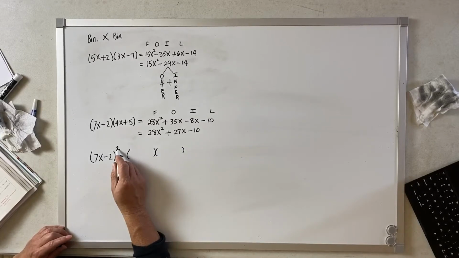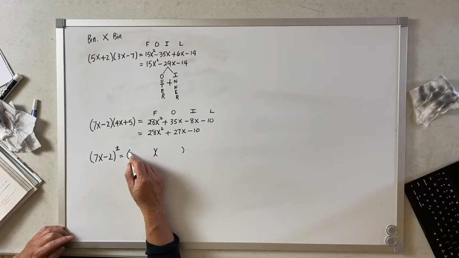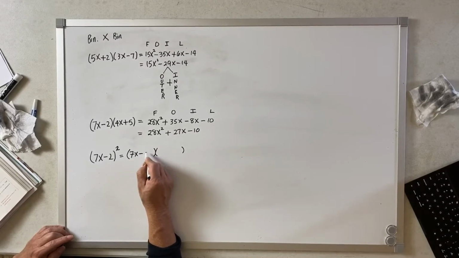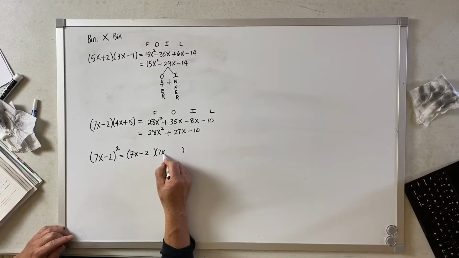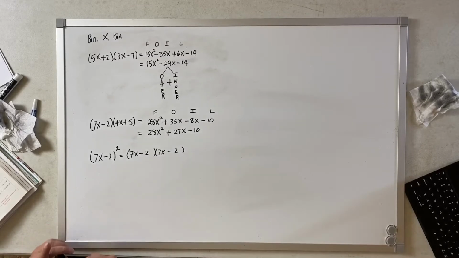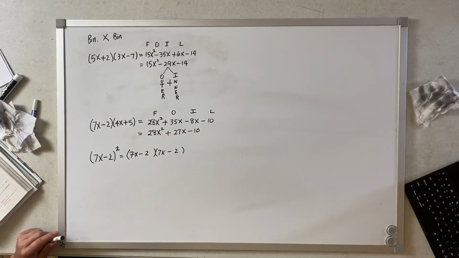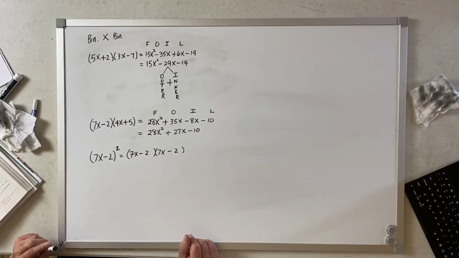Because this power tells me to multiply this by itself twice. 7x minus 2 times 7x minus 2. If you write it out and you're careful, you're not going to make a mistake. And now you just FOIL.